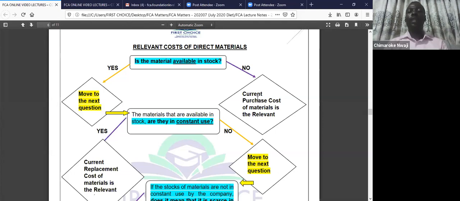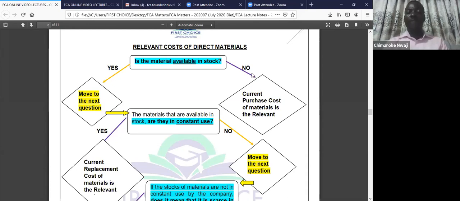You see here that I underline the word available. So availability of the material is the first consideration. What if the material is available in stock? You see the arrow pointing down here, that you should move to the next question. So this is one option. You have an option to make, that's why it is relevant.